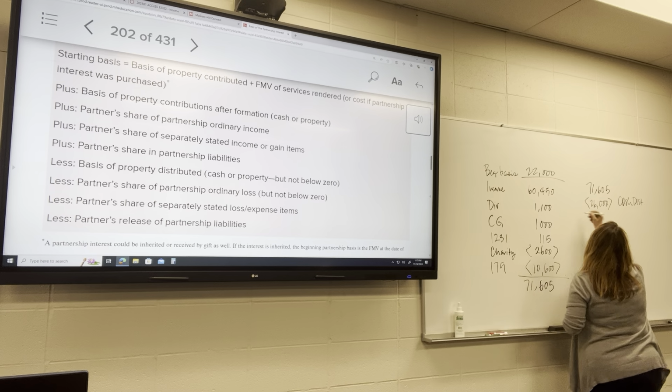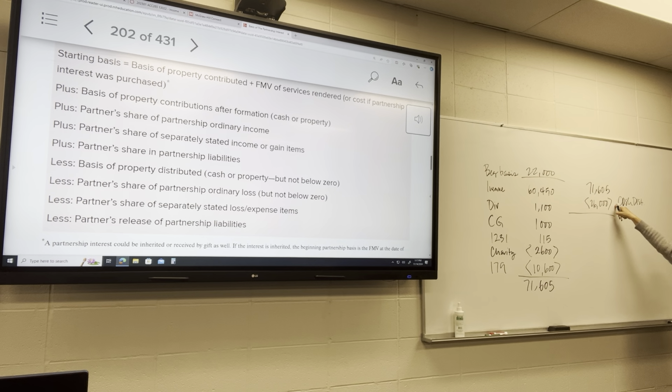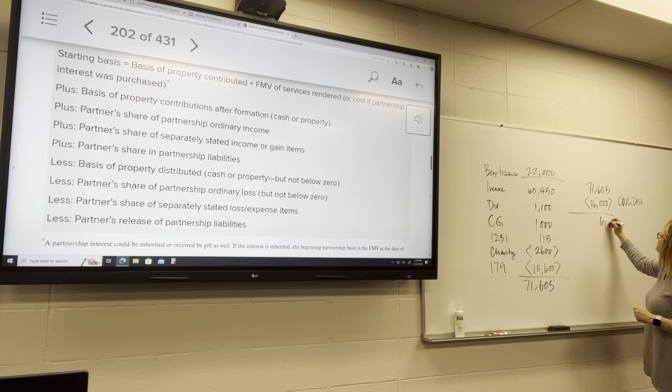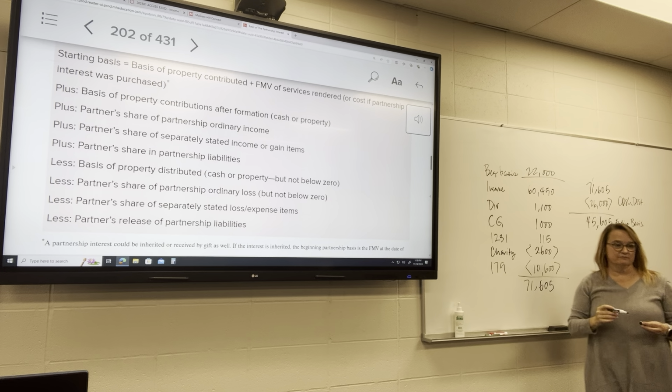None of this distribution is going to be taxable to them because they've got $71,605 in the bank. They're just withdrawing money that they have in the bank, essentially. So this is their ending basis, 45,605.